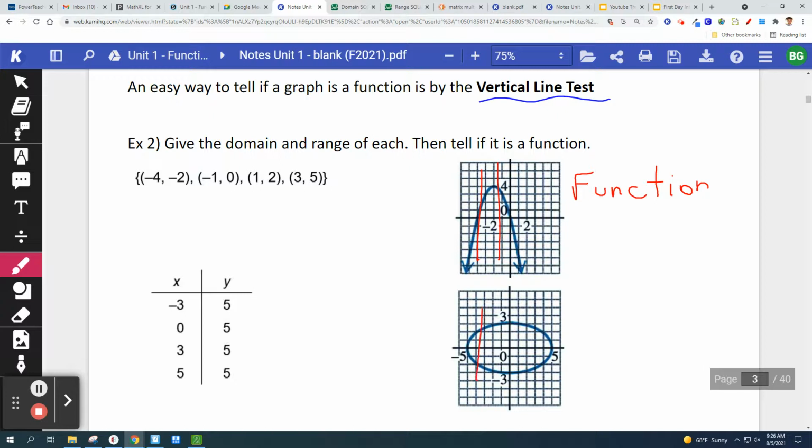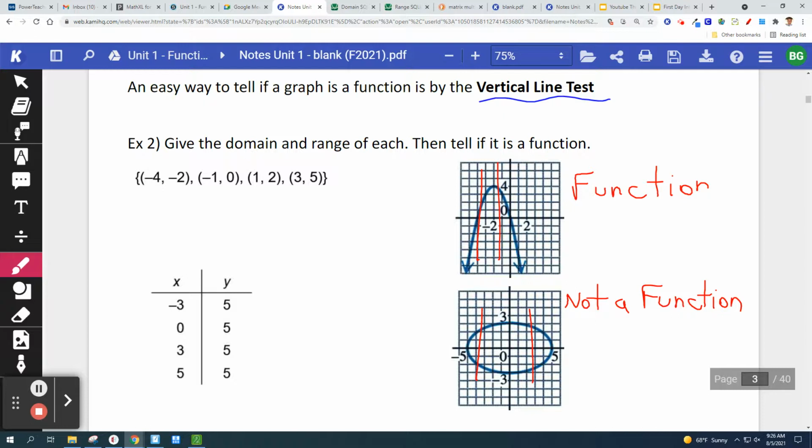And you can see that this one down here is not a function because it does not pass the vertical line test. What I mean by that is the vertical line hits that graph twice. When it hits the graph twice, it's the same thing as that x number hitting two different y numbers.